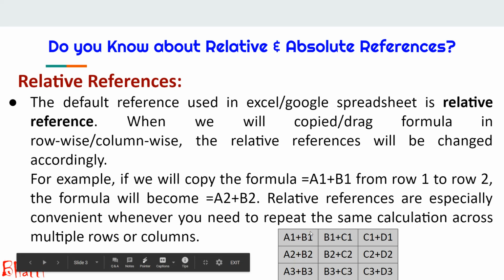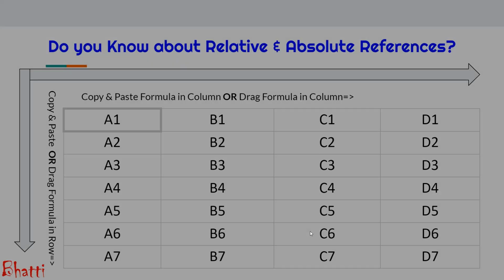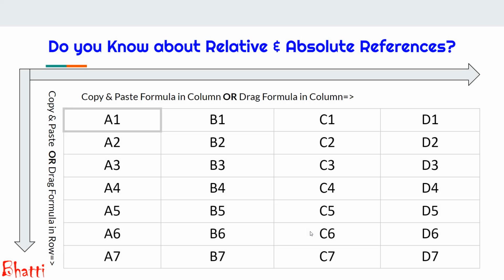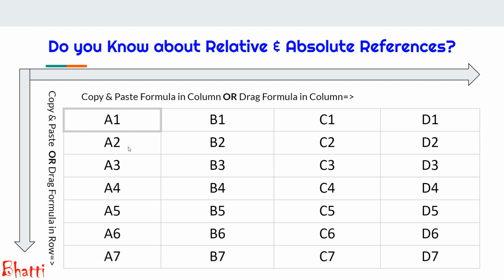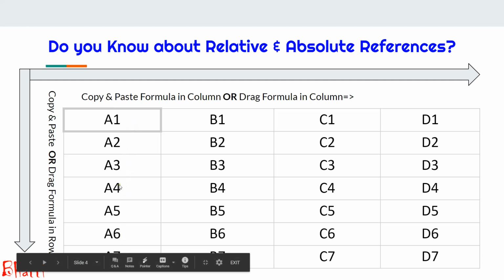So I expanded the same example in the next slide. This is the way we copy the formula in Excel using relative references. When we drag or copy the formula from A1 to A2, A3, it will automatically change from top to bottom, row-wise.